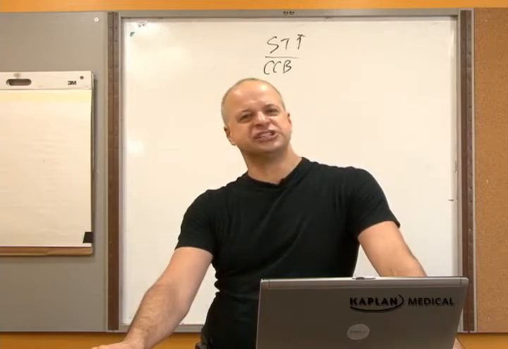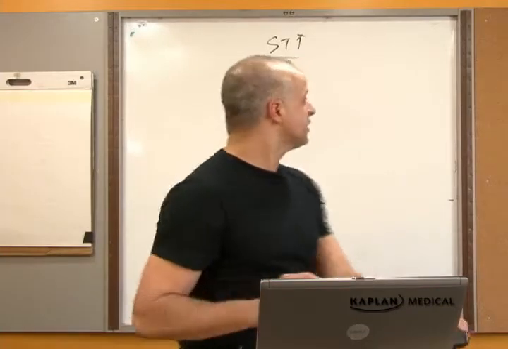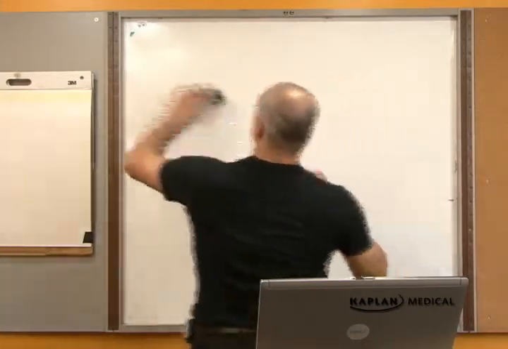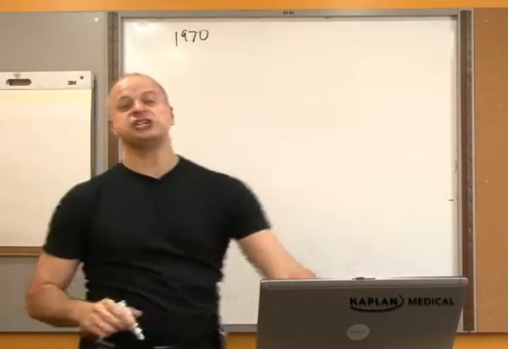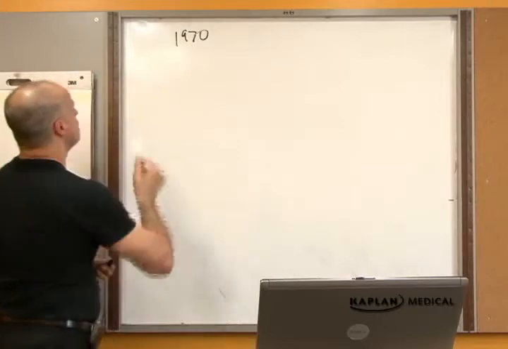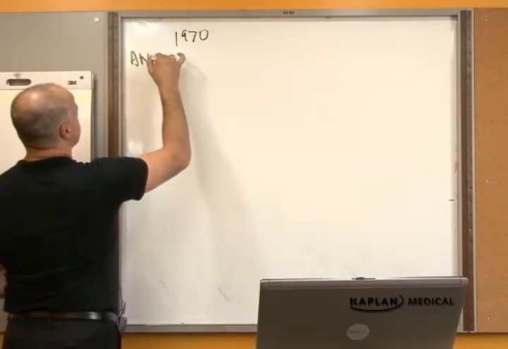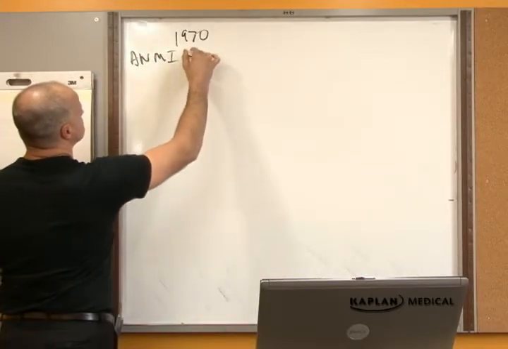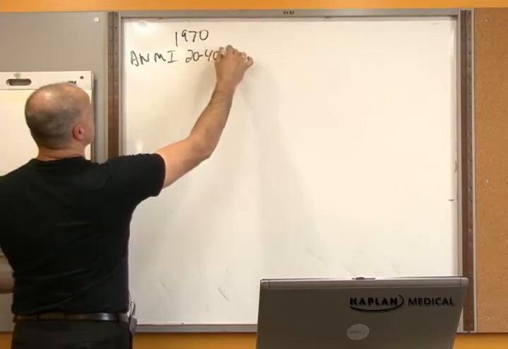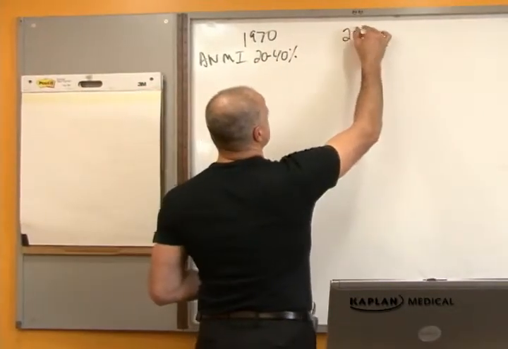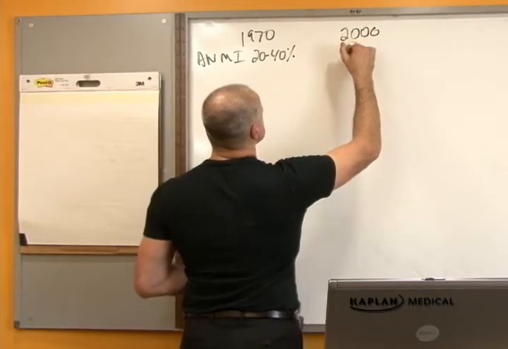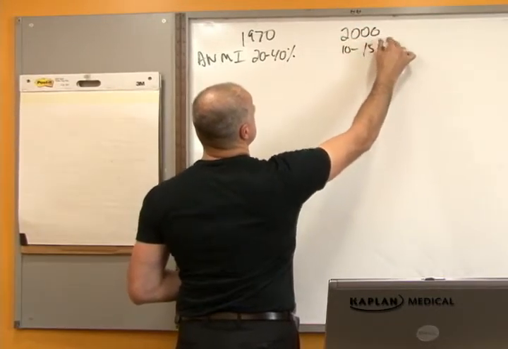Our next section is congestive heart failure. In 1970, the mortality on an anterior wall myocardial infarction was 20 to 40% of the year. That same myocardial infarction in the year 2000 was 10 to 15% of the year or less.